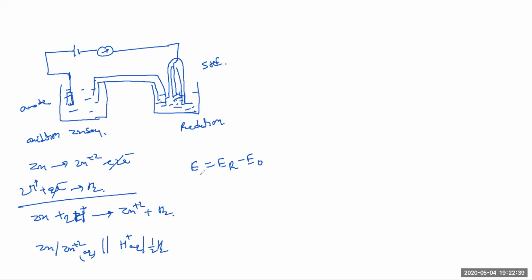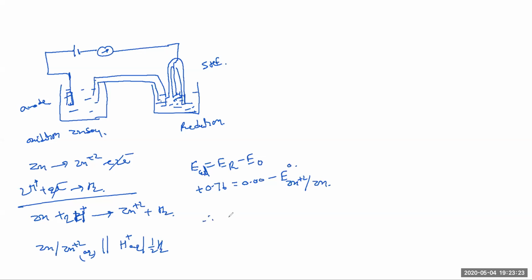Here it is zinc oxidation. Now this E cell is experimentally determined, the zinc value being plus 0.76. E reduction is hydrogen, 0.00, minus E oxidation, which is Zn2+ / Zn at standard state.